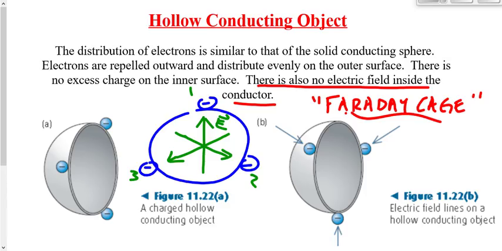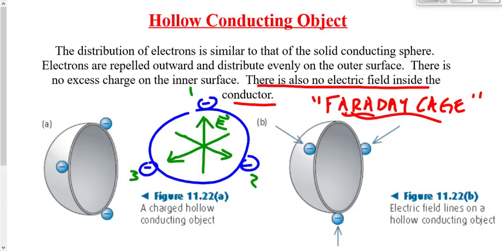So the distribution changes constantly on a car when it gets struck by lightning. But the net electric field inside, immediately after it gets struck or 2 seconds after it gets struck or anywhere in between, would still be 0. Does that make sense? So this term Faraday cage describes that situation of something that's enclosed in metal that prevents a net electric field inside.